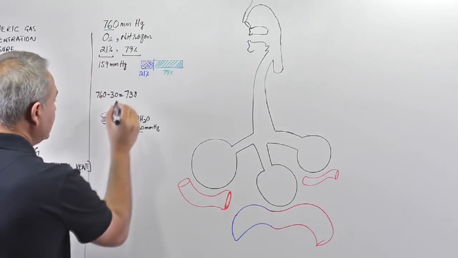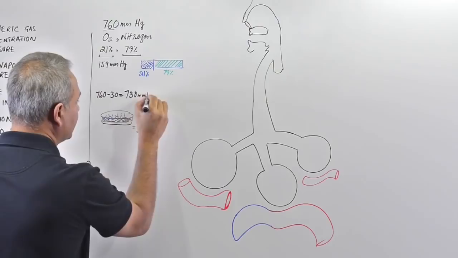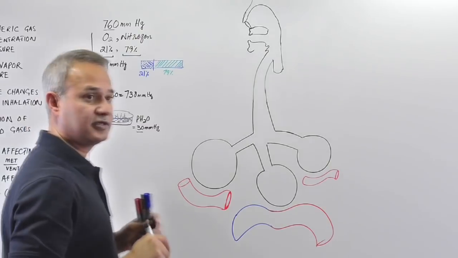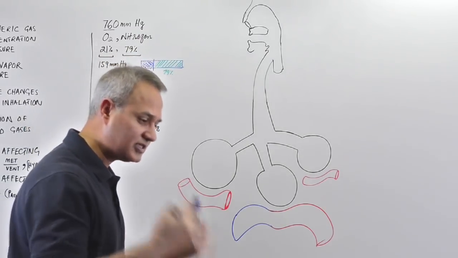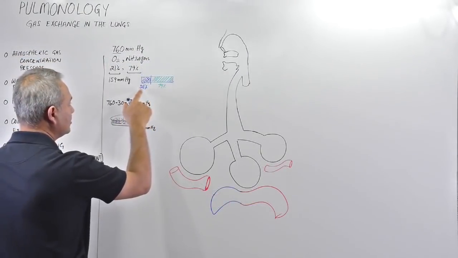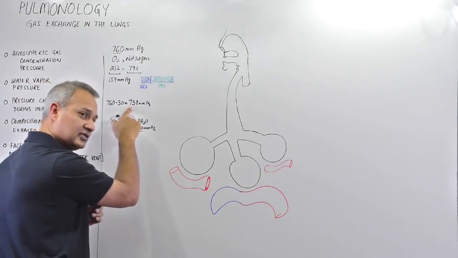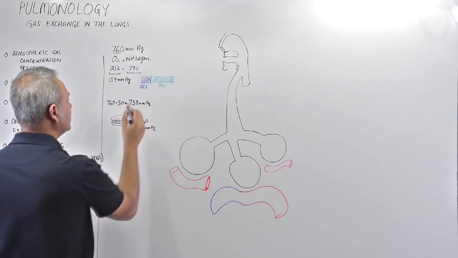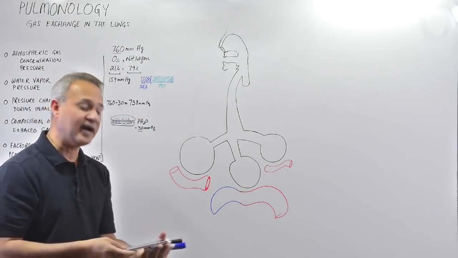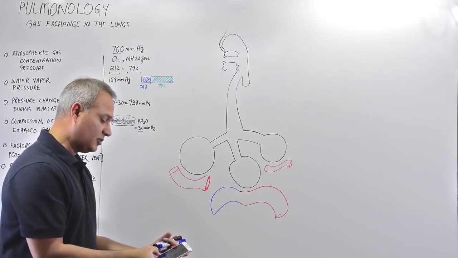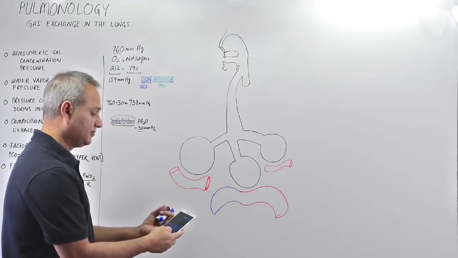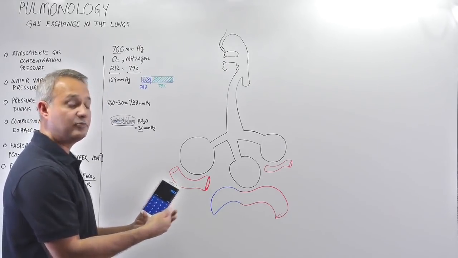Okay. So if it is 730 millimeter of mercury, then what do you think is oxygen's pressure and nitrogen's pressure? Do you think that the oxygen concentration changed? No, we just established no. Nitrogen's concentration changed? No. So if the concentration is the same, then you take this concentration and multiply with this, and you have the new concentrations. So 21% of 730, that is what you are getting at. So I'll do the math just so that we both are on the same page. 730 multiplied by 0.21, 21%, is 153.3.